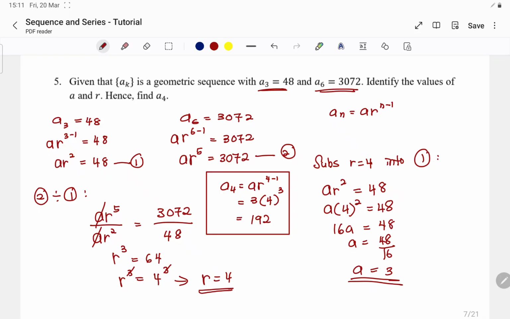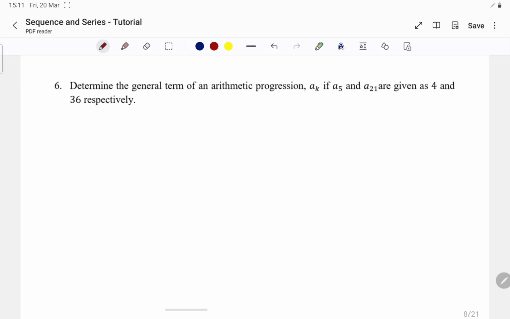Okay, we proceed to the next question, where we have to determine the general term of an arithmetic progression AK if A5 and A21 are given as 4 and 36 respectively. So for this question, we extract all the information that we have, which they mention here.